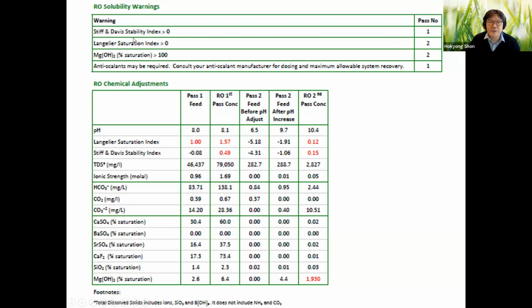So they will also suggest anti-scalant addition. You have to also change the pH. You have to look at all the warnings from your report, also the chemical adjustment, pH, the LSI value, and the stiff index. Also, you can see what could be the best way to respond to this kind of problem.